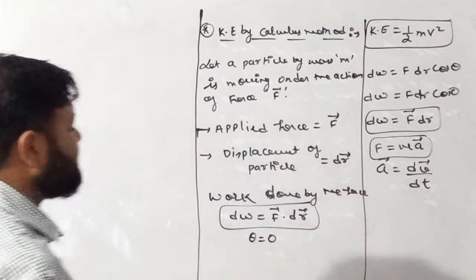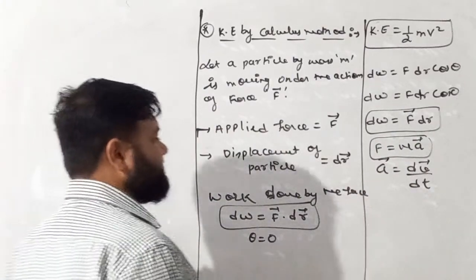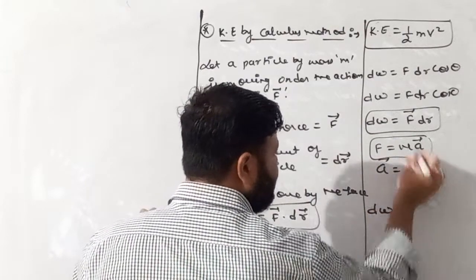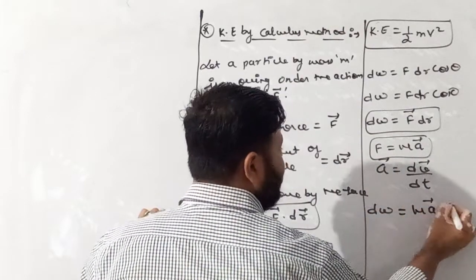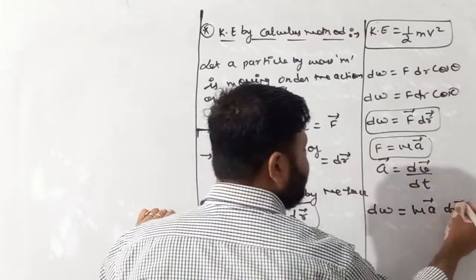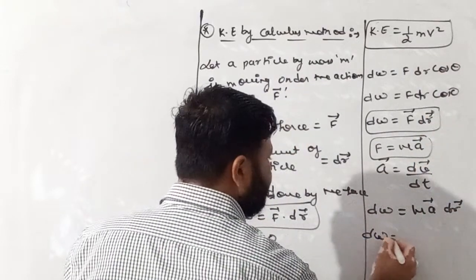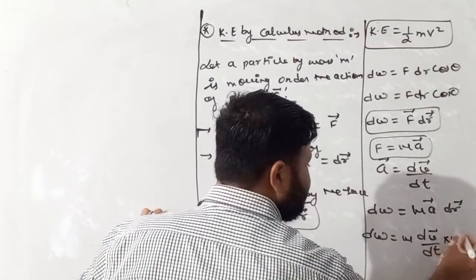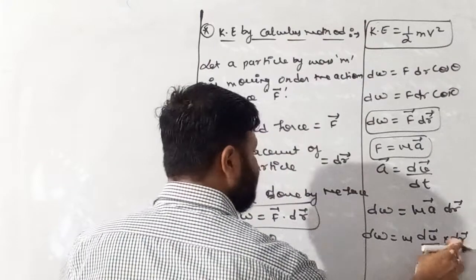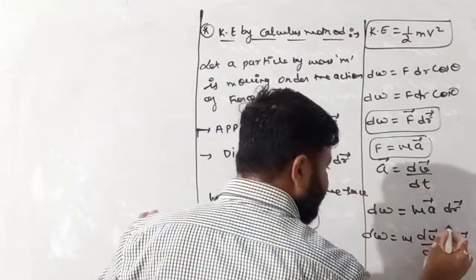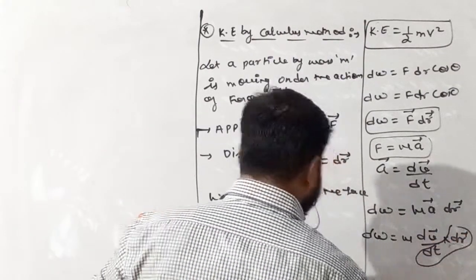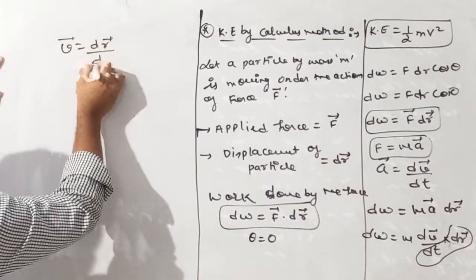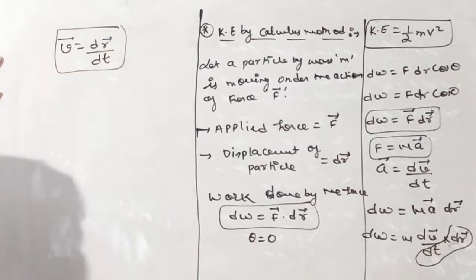So dW is equal to m dv by dt multiplied by dr. Now see, velocity is change in position with respect to time, that is dr by dt.